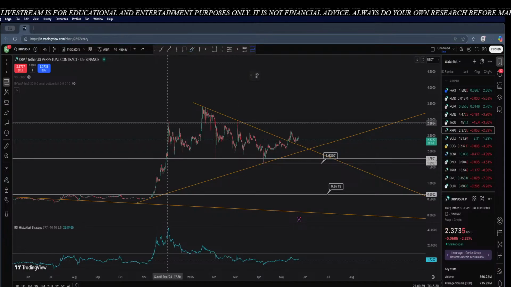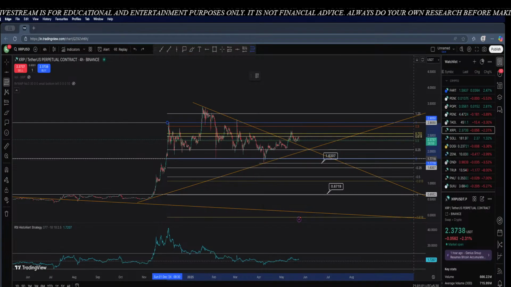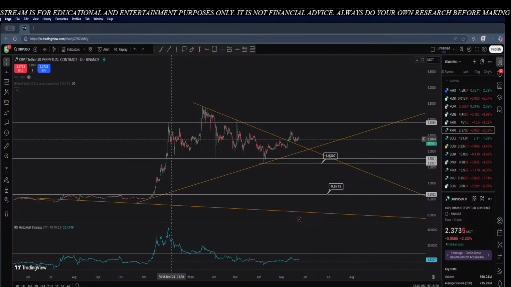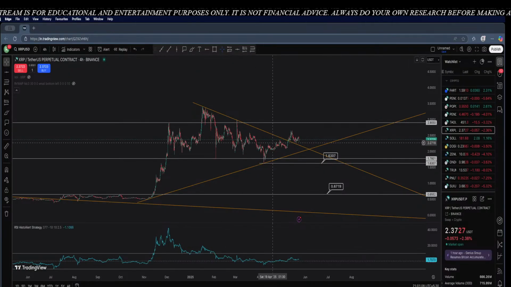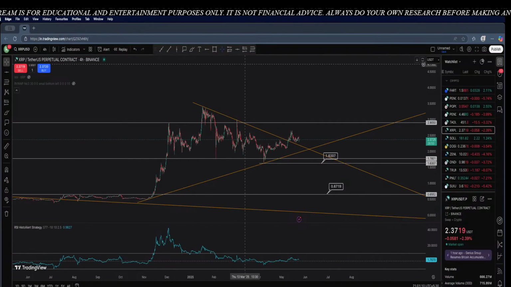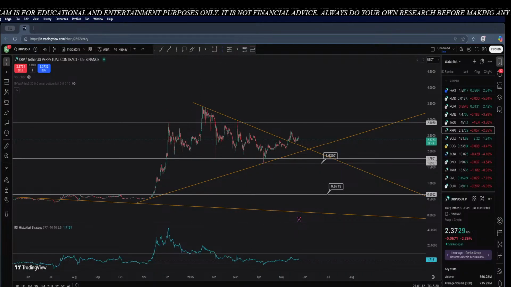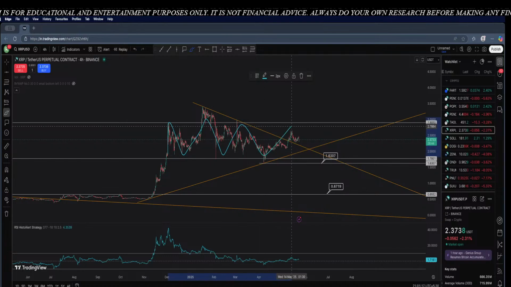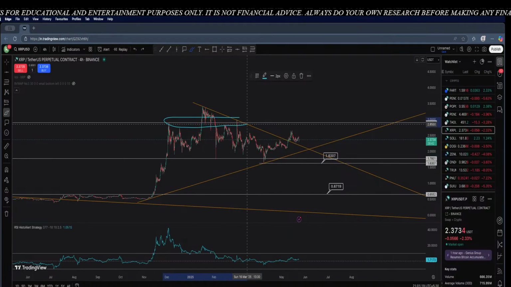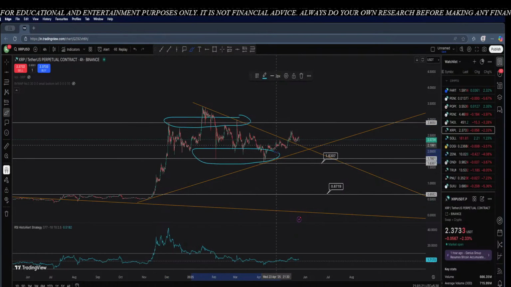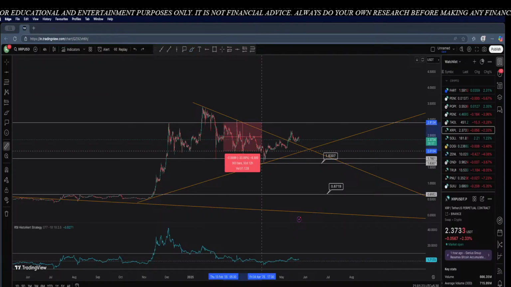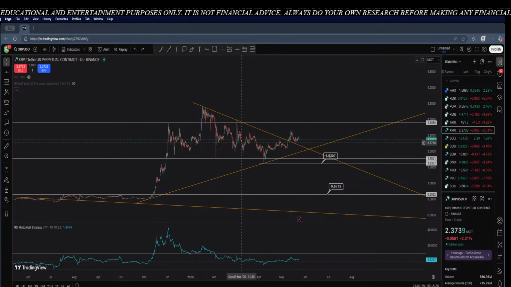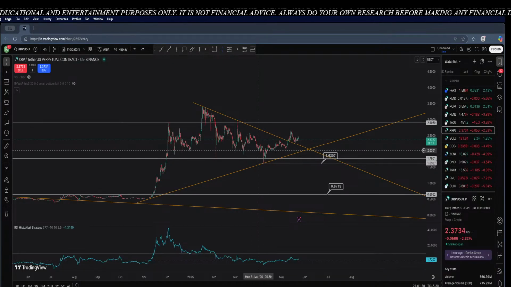Let me do something like this in this situation, because the reason I'm interested in not making too many drawings on the chart is that it's going to make it messy. Because this is essentially a range, right? This would be the range highs and this would be the range lows, which is essentially a 39-40% range that it's been forming for a while.